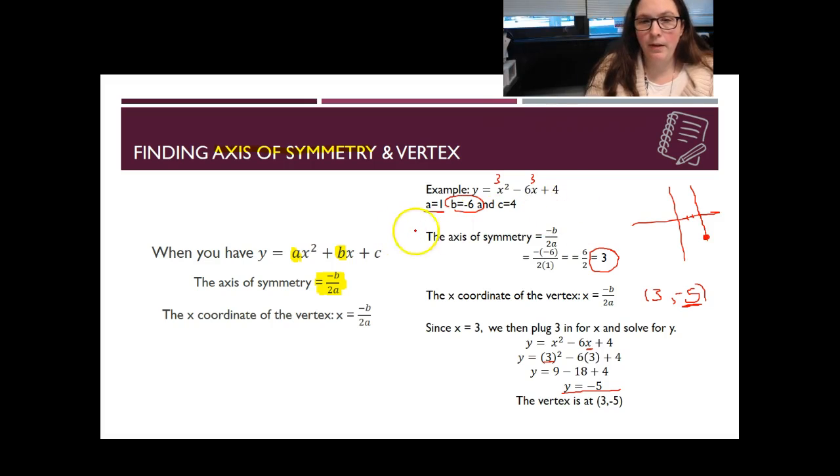Now really, I can look at this and say, since my coordinate for a is a positive number, this thing is going to open upward. And in the next section, we'll learn to solve for these zero points, and then we'll be able to graph an entire equation just using that axis of symmetry, the coordinate for the vertex, and whether it opens upward or down, along with the zeros.